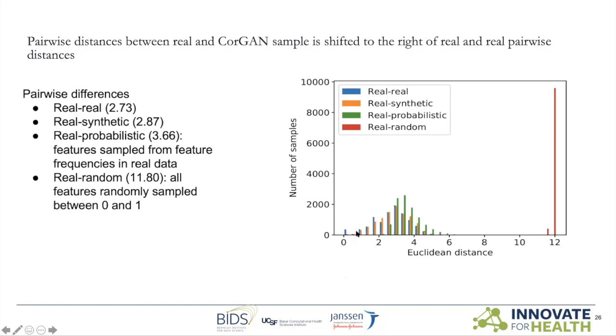It overlaps fairly well with the real versus real pairwise distances, but is also slightly shifted to the right, indicating that the real versus synthetic nearest neighbor distances are slightly more distant than real versus real, which, if anything, is what we would like to see, just to ensure that we're not copying or memorizing the training data set. Similar to that pattern, the real versus probabilistic in green is slightly more to the right, and then the real versus random, of course, is way far out to the right, being the furthest distance from the real samples, as we would expect and hope.